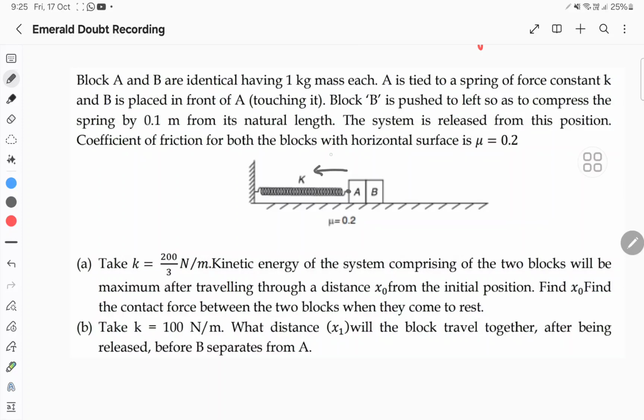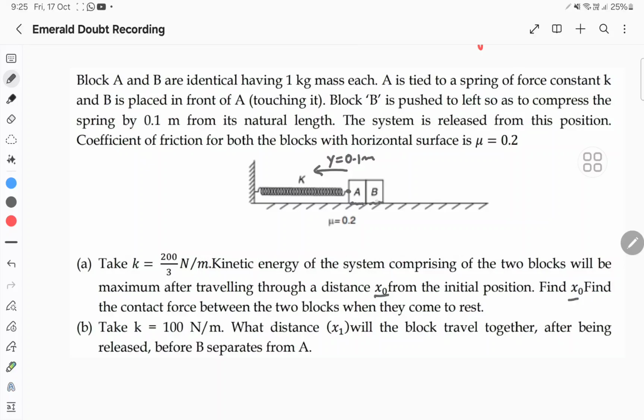I'm using a lot of x's in this question, so I'll just call it y is equal to 0.1 meter. The system is released from this position, and the coefficient of friction for both the blocks with the horizontal surface is 0.2. So both of them have a friction of 0.2.